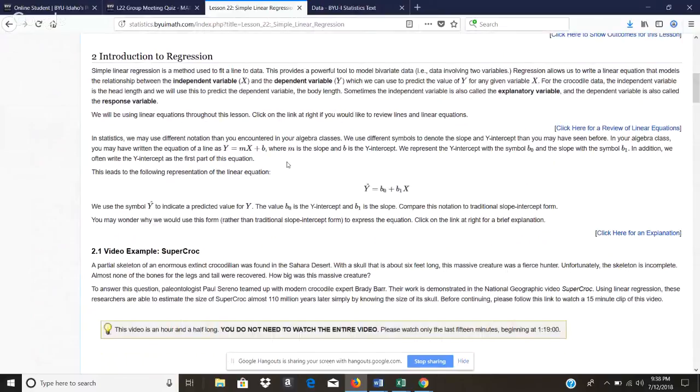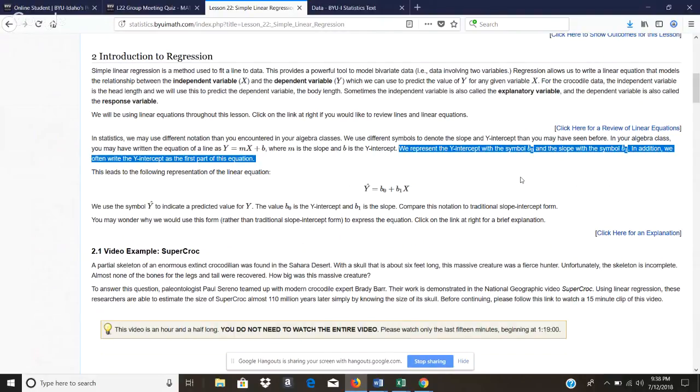They use it differently in statistics. We represent the y-intercept with the symbol b0 and the slope with the symbol b1. In addition, we often write the y-intercept as the first part of the equation.